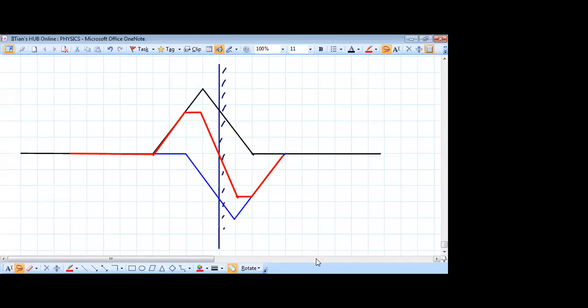So you'll see, because it has flattened now, the height has changed.